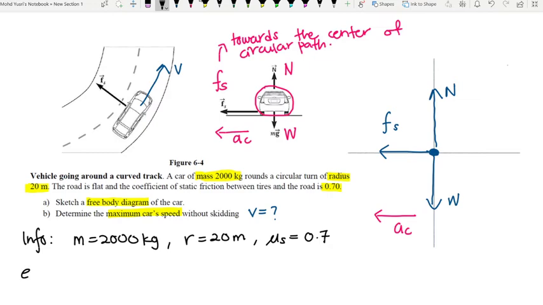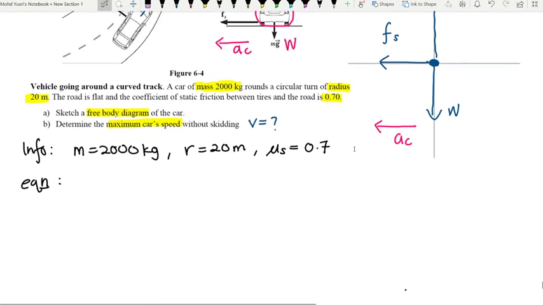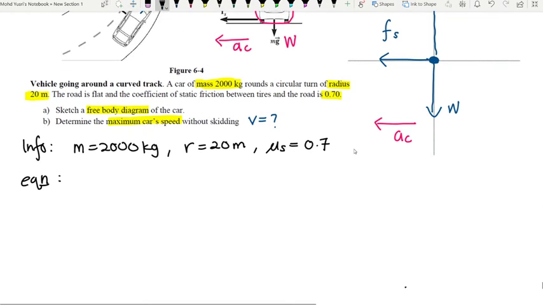Equation yang akan kita pakai adalah equation yang berkaitan dengan centripetal force. Centripetal force equals to mv square over r. Now, centripetal force is not an actual force. This is basically a net force that acted towards the center of the circular path.